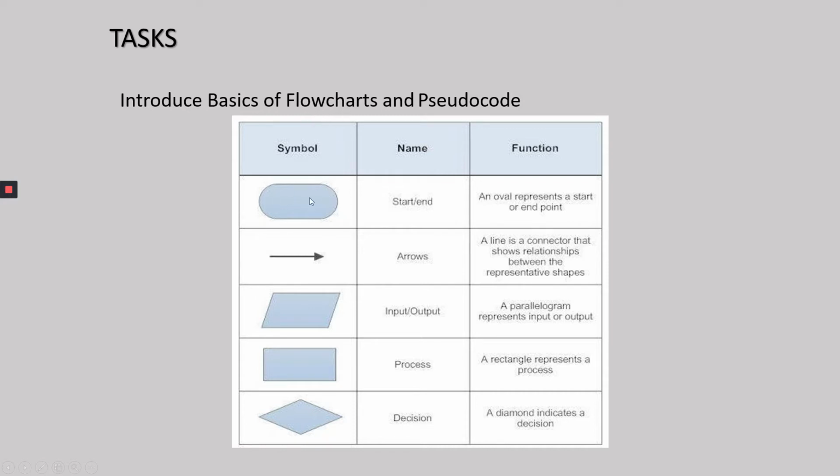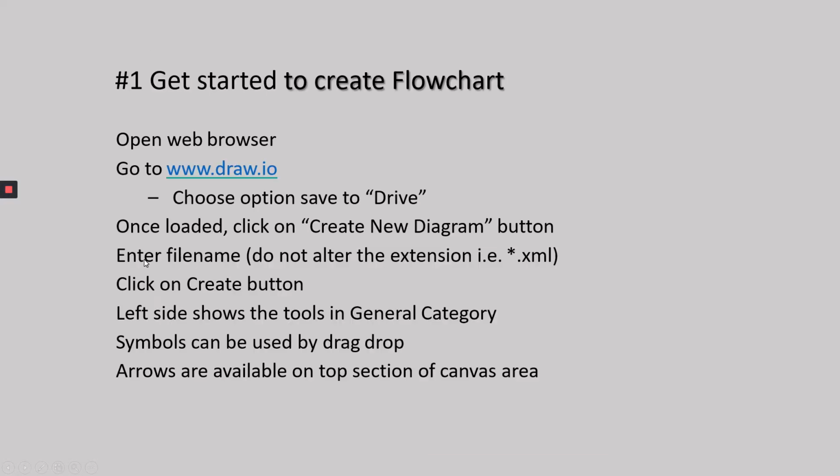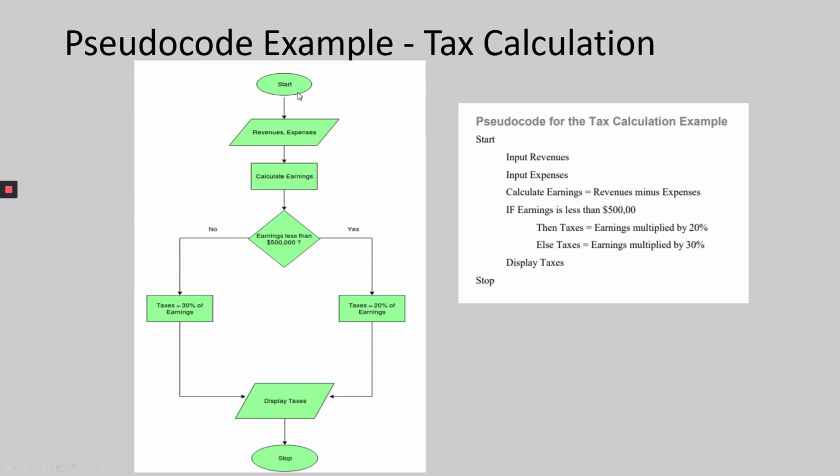For the flowchart, the first symbol is an oval, which represents a start or end point. So I could show you an actual example right here. It is actually a practice problem for this recitation, but I want to show you the result directly. It is like a tax calculation.